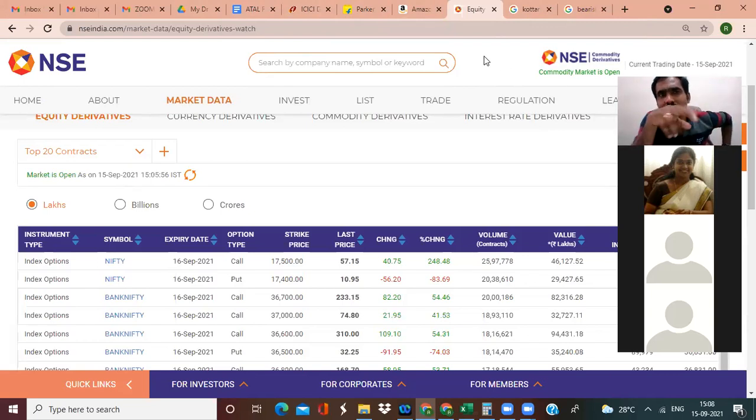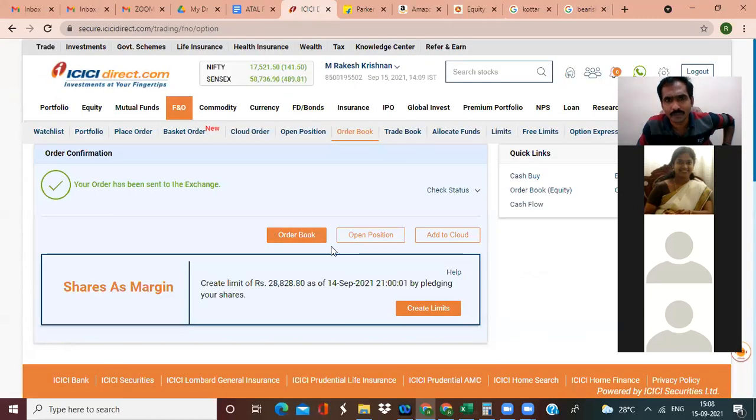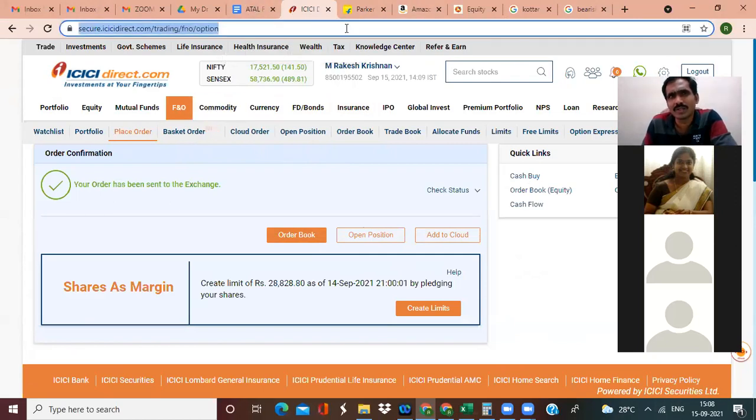In ICICI Direct there is also order placement through cloud. Another site will not work because I'm in the university and trading sites will not work here. I'll check it and tell you what cloud is.